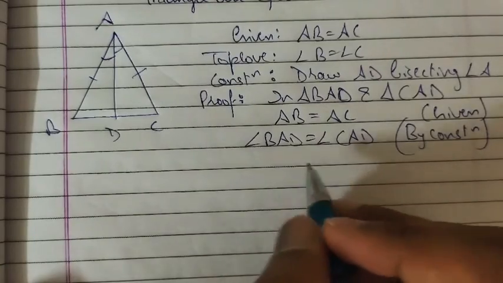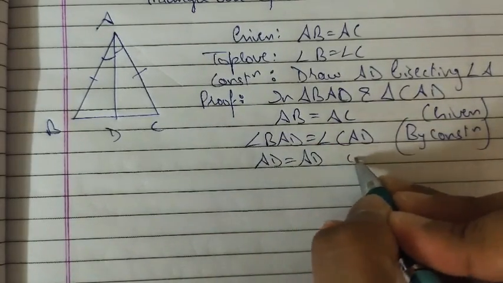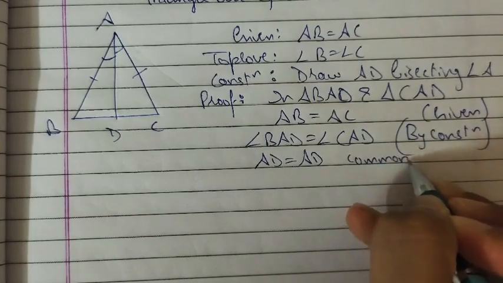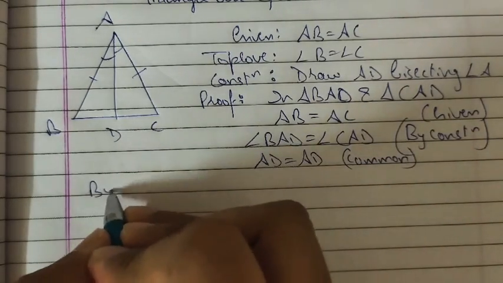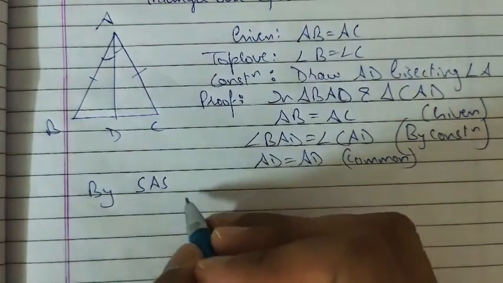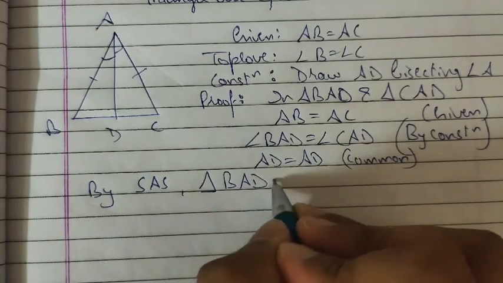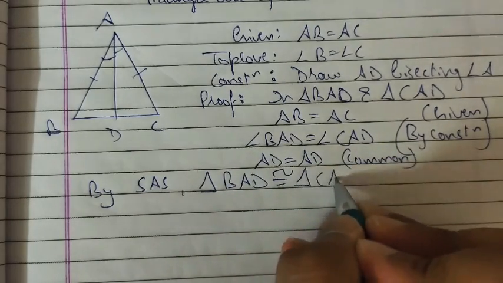And there is a side which is common, so we can say AD is equal to AD, common. So by side angle side, triangle BAD is congruent to triangle CAD.